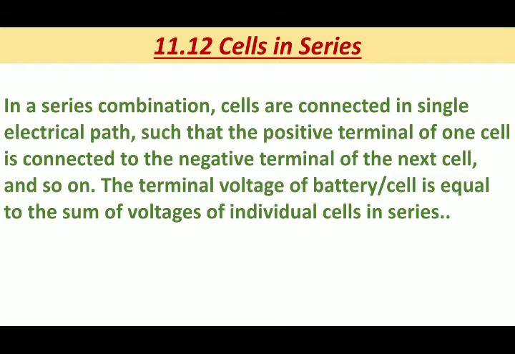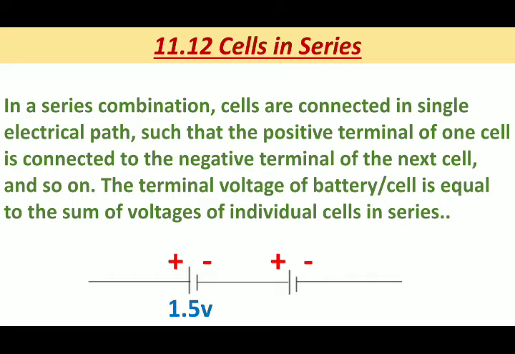Now, cells in series. In a series combination, cells are connected in a single electrical path such that the positive terminal of one cell is connected to the negative terminal of the next cell, and so on. The terminal voltage of the battery is equal to the sum of voltages of the individual cells in series.